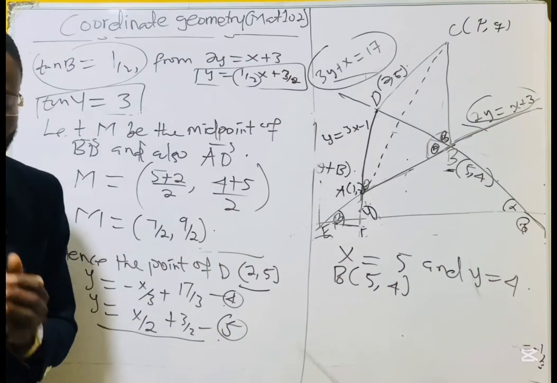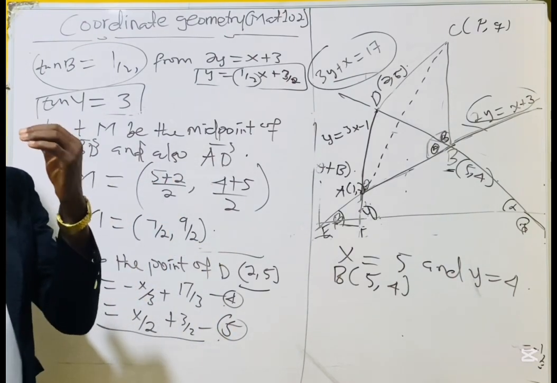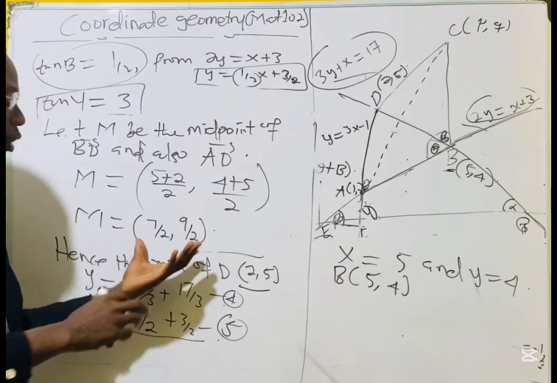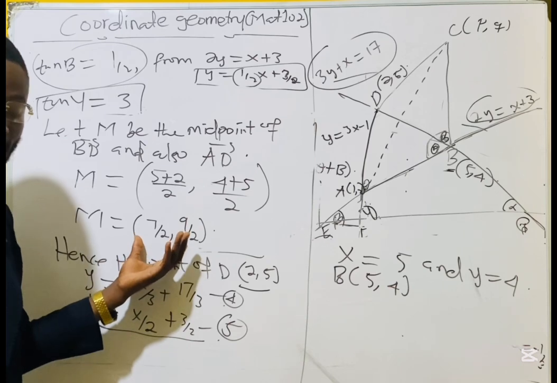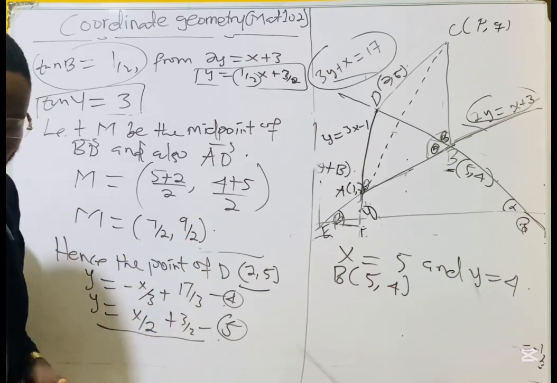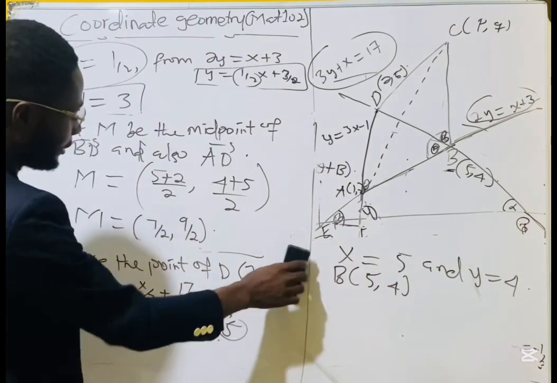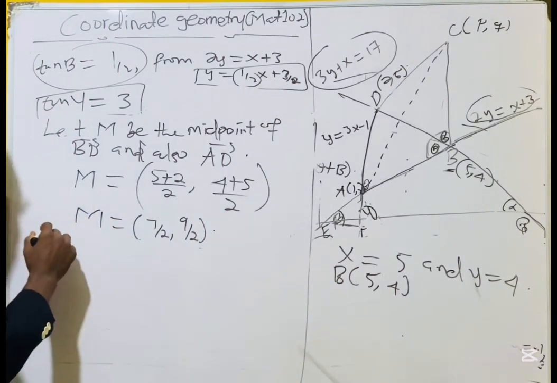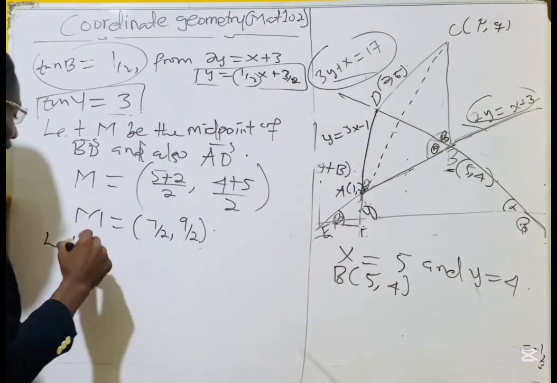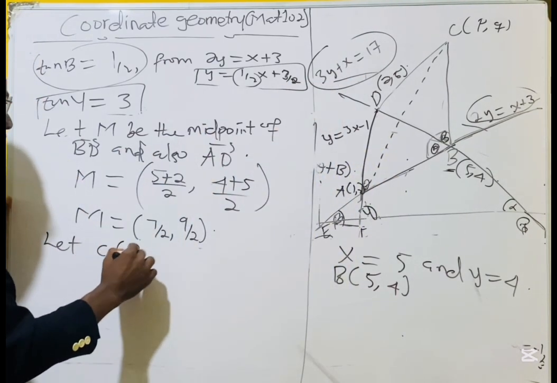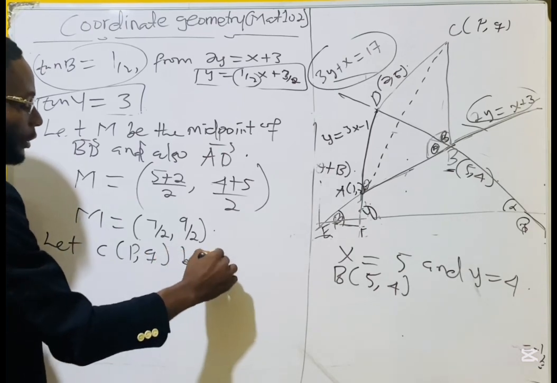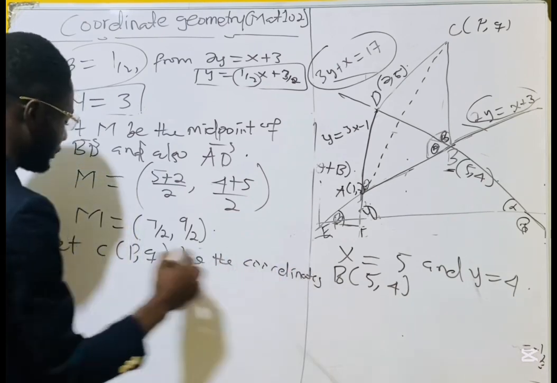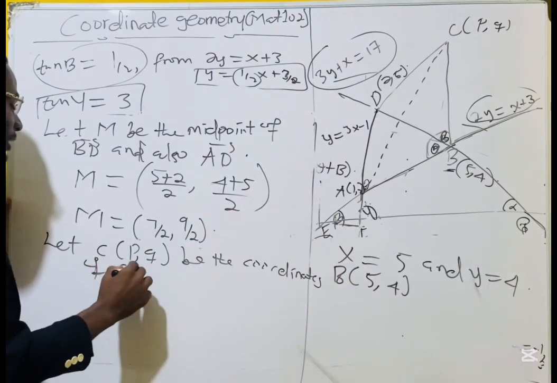So once we have the midpoint, now we have to find the coordinate of C. That is very simple. This is all we needed to find the coordinate of C. So now we can say that, as we said, let P and Q be the coordinates of C, right?